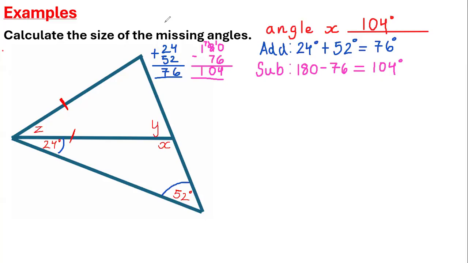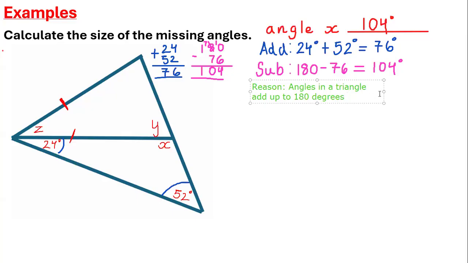So the reason is that angles in a triangle add up to 180 degrees.